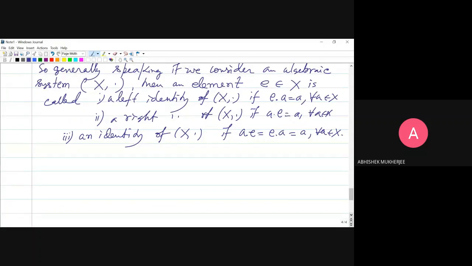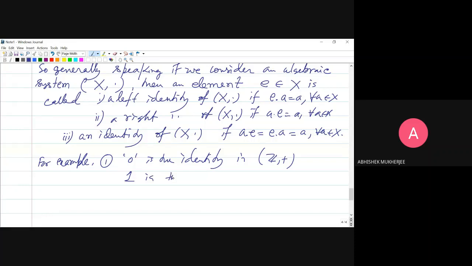Okay. So, for example, number 1, 0 is the identity in (Z, plus), 1 is the identity in (Z, dot).